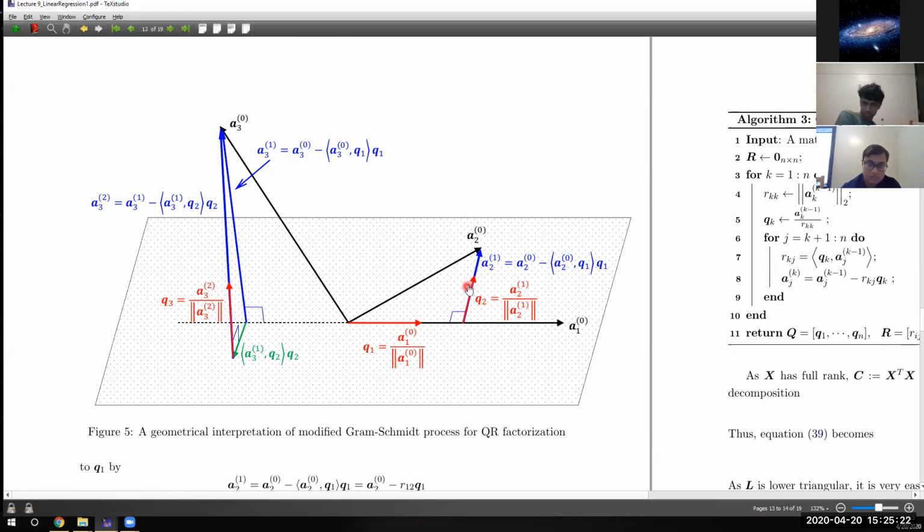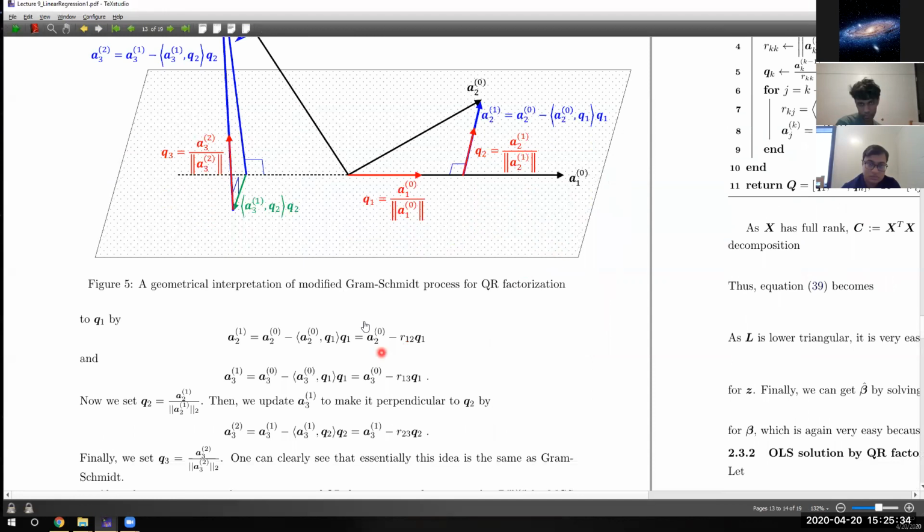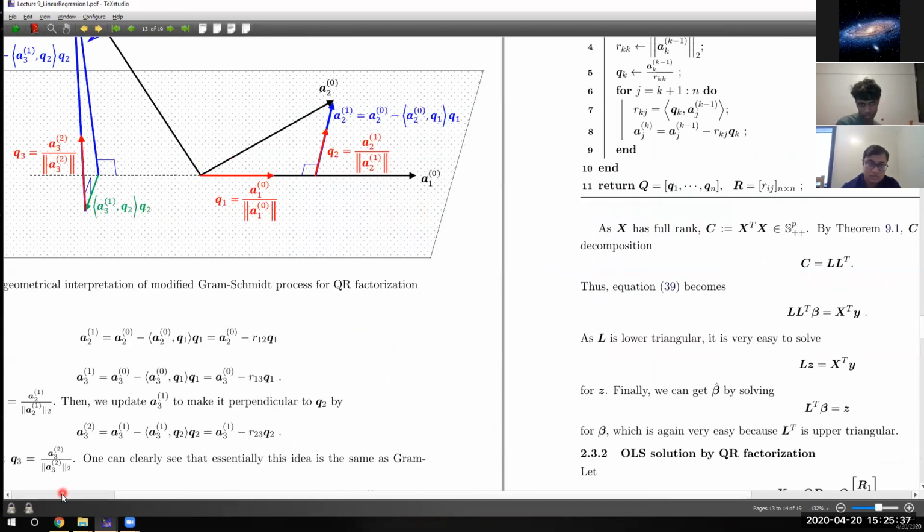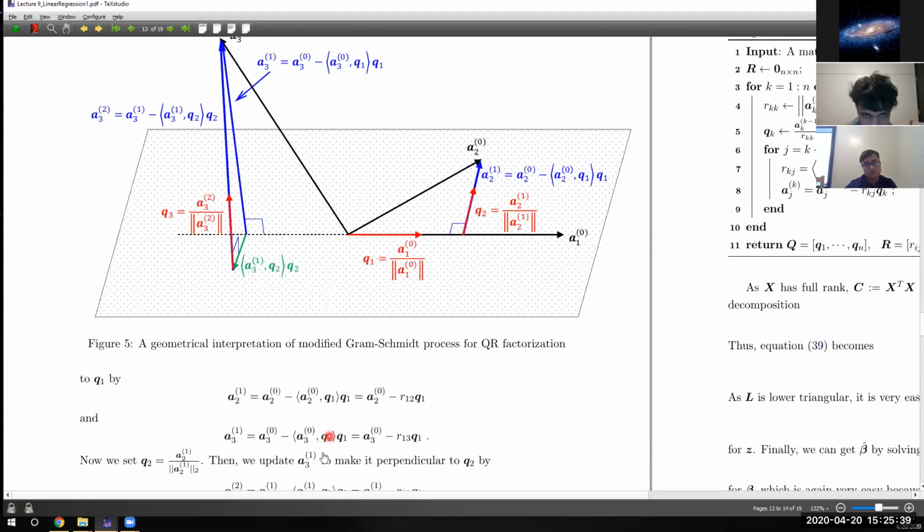Okay. Remember in the classical Gram-Schmidt method, how did we do? We calculate the projection, the shadow here, and use q2 equals to this one minus this, right? And divide by its norm, and we get q2. Remember it? Okay. Here, we do not do it. Instead, we do this. We actually update a21. This means the a2 in iteration 1.